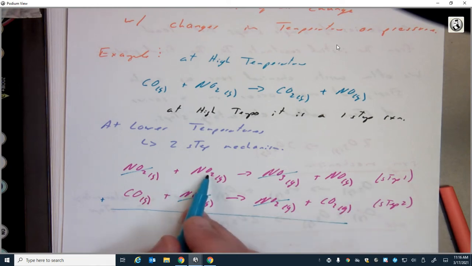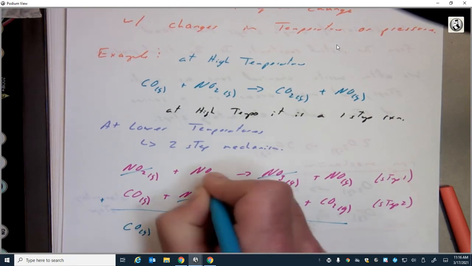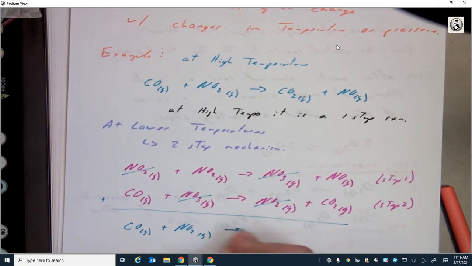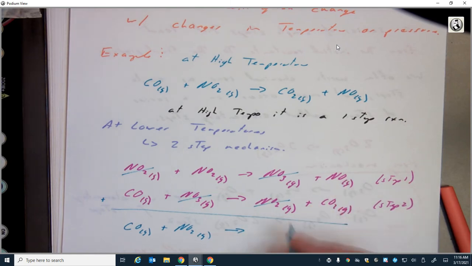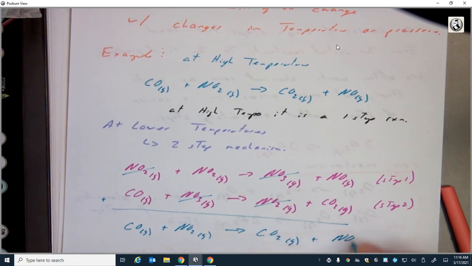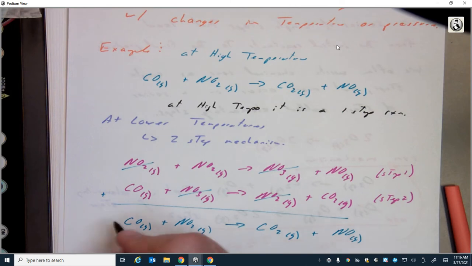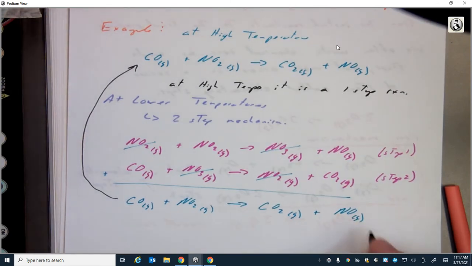In our reactants, we have CO gas plus NO2 gas. And that's going to give us CO2 and NO. And this matches our original.